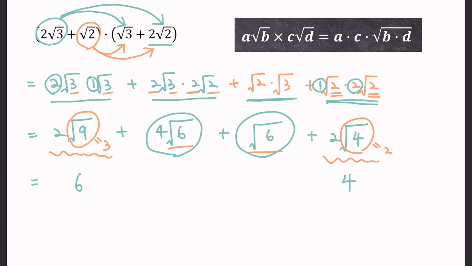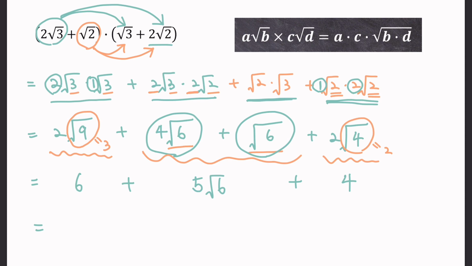And if I treat square root of 6 like I would treat a variable, it's simple. I have 4 square root of 6 plus square root of 6, which is equal to 5 square root of 6. So that's what I'm going to write right here. To simplify this, I write 5 square root of 6. And again, all the signs are positive.